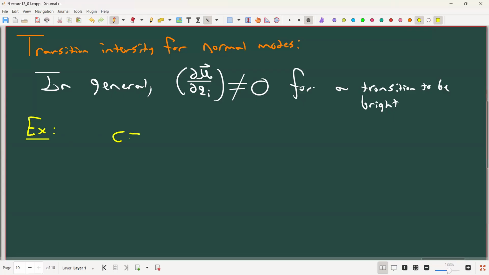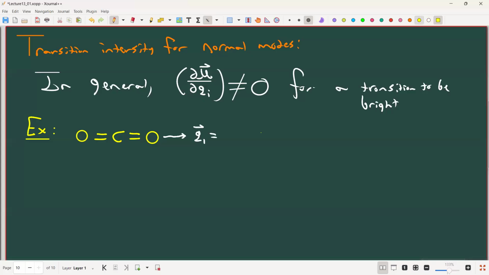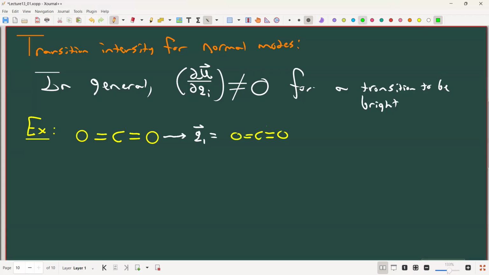Let's think about CO2. CO2 has 4 vibrations, what we had earlier. I'll write all 4 down. Q1 is the symmetric stretch, where this atom and this atom displace.